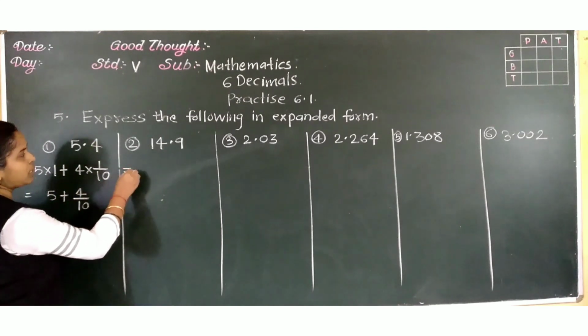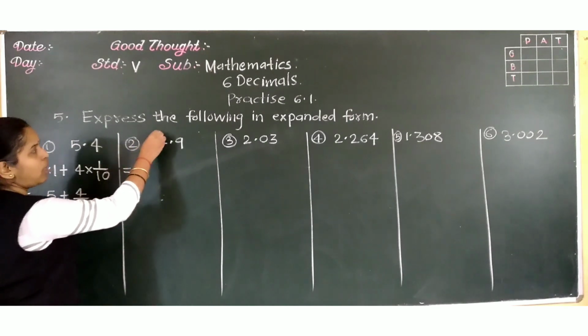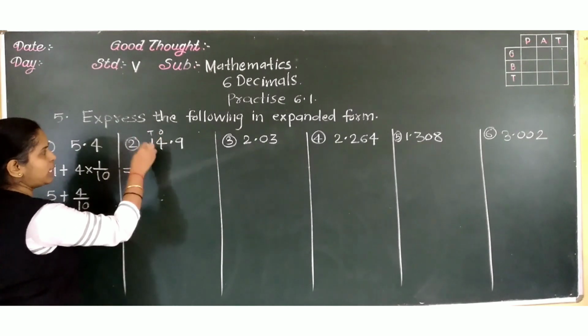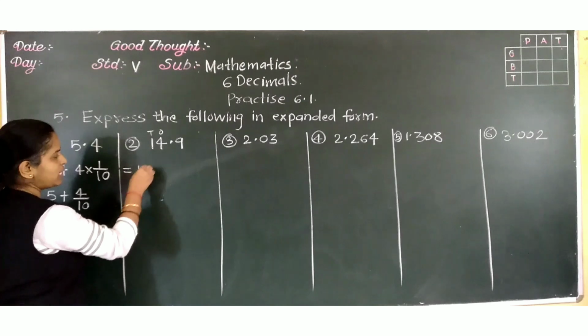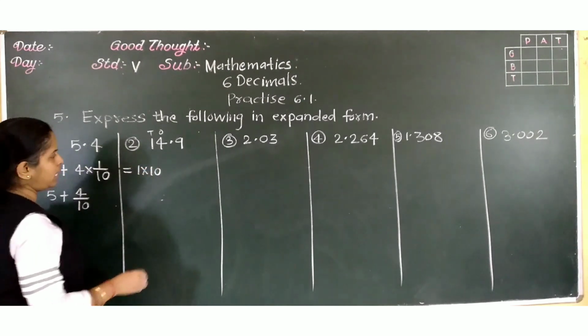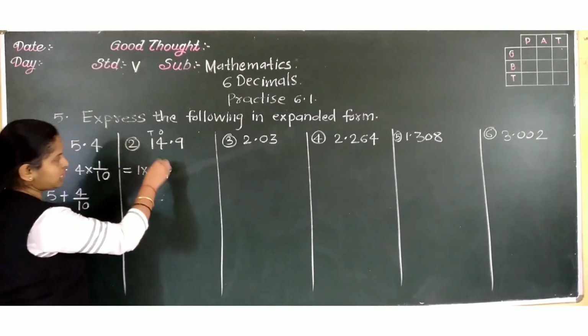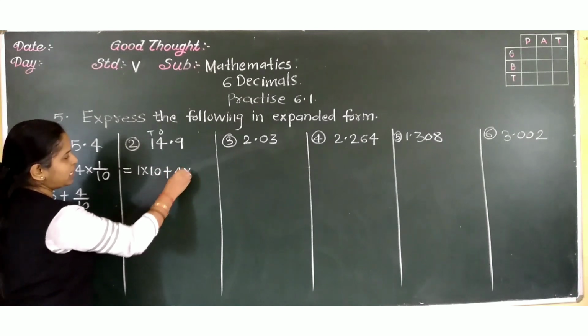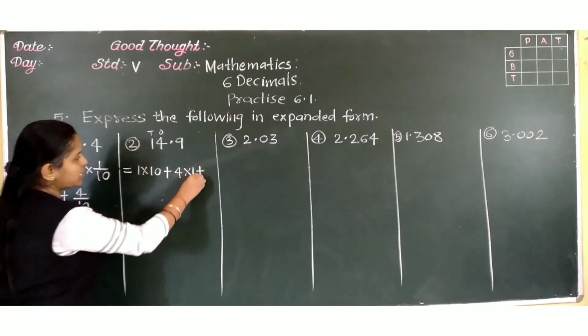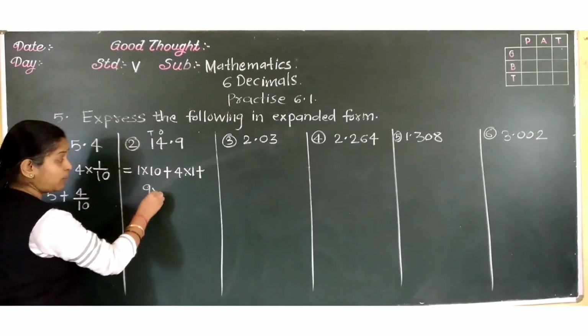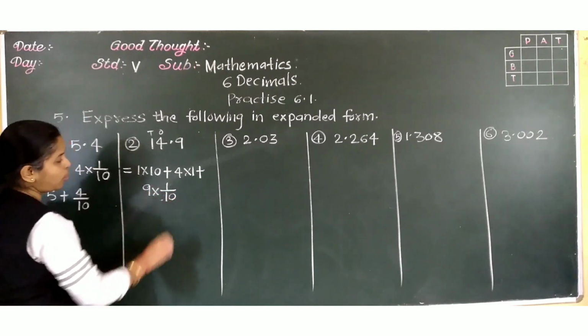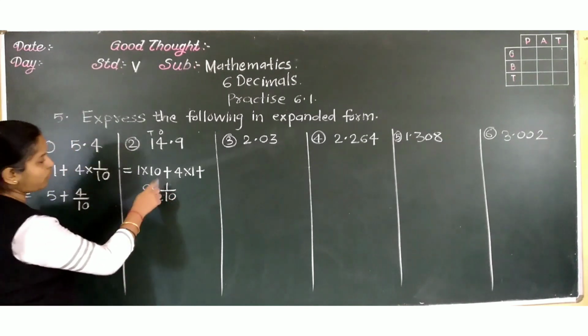Now see, this is the ones place, this is the tens place. So 1 is there at the tens place, that is 1 tens are 10. Plus 4 is there at the ones place, that is 4 into 1. Plus 9 is there at the tenths place, that is 9 into 1 upon 10.